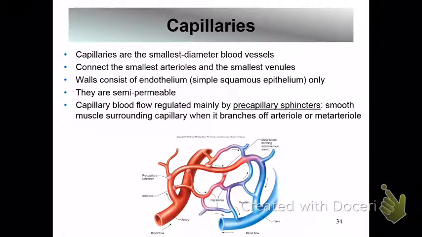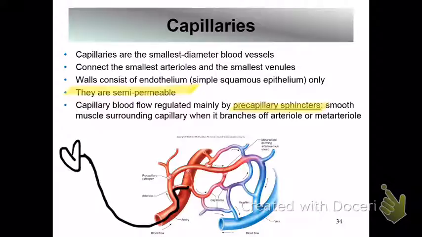Here are the capillaries. On the capillaries, highlight that they are semi-permeable. But you want to know that's where gas exchange occurs. And they've got these little sphincters, these little openings and closings. Just to make sure you got it, from the heart, blood goes out the aorta, an artery, and then the artery starts to split off into what we call arterioles.